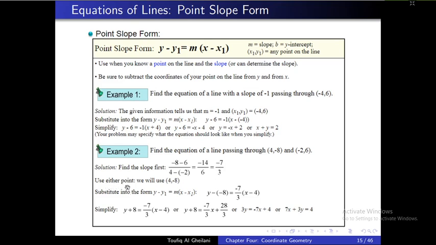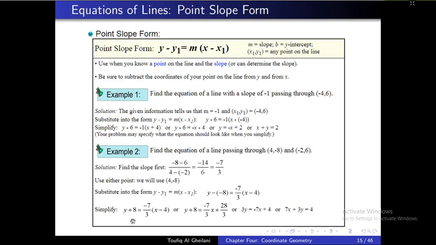So we use either point. We will use the point (4, -8). So substitute it into the form y minus y1 equal m times x minus x1. So y minus y1, which is minus 8, equal, and the slope is minus 7 over 3, times x minus x1, which is 4.